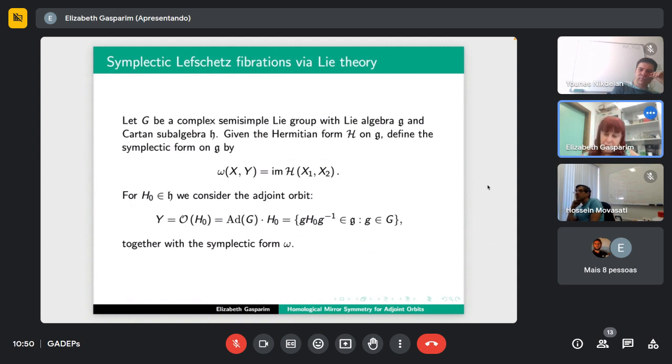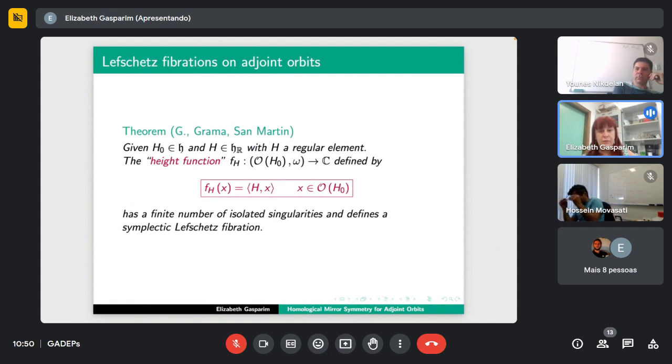However, you see, we then have a result that we will use. This is together with Linogram and Martin, both in Campinas. We take the adjoint orbit of some element, H naught, any of them, in the Cartan subalgebra.